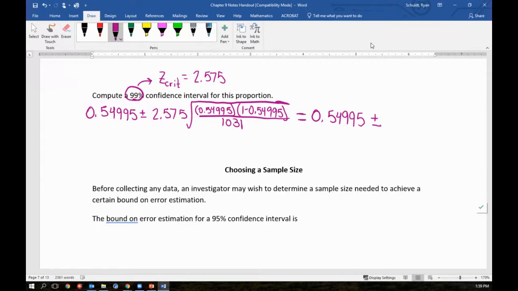We have 0.0399. That's the 5 decimal places. Okay, so now let's move on to our interval.